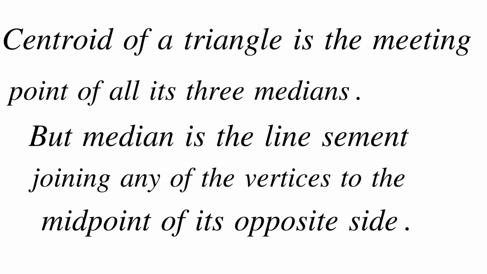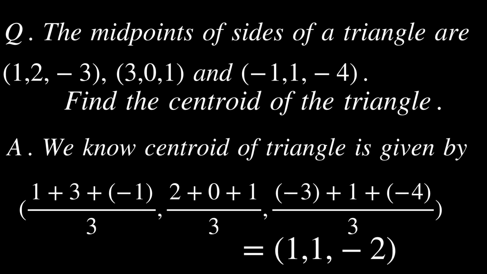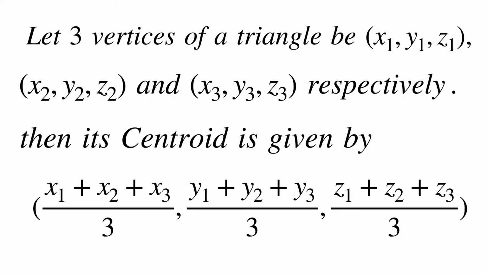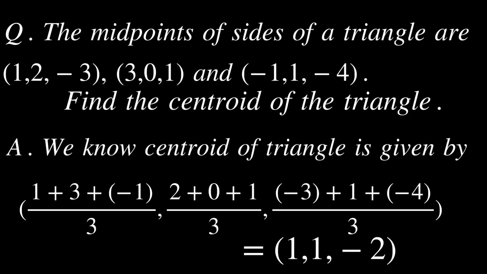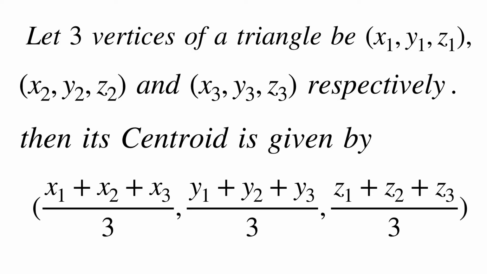And you know median is the line segment drawn from each vertex to the midpoint of the opposite side of the triangle. Let's say the vertices of the triangle are (x1, y1, z1), (x2, y2, z2) and (x3, y3, z3). Then its centroid is given by ((x1 plus x2 plus x3) by 3, (y1 plus y2 plus y3) by 3, (z1 plus z2 plus z3) by 3).